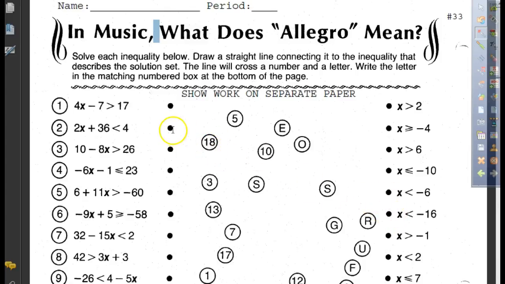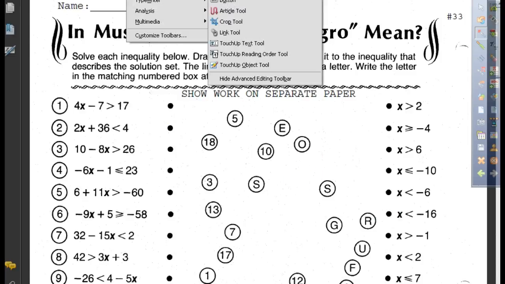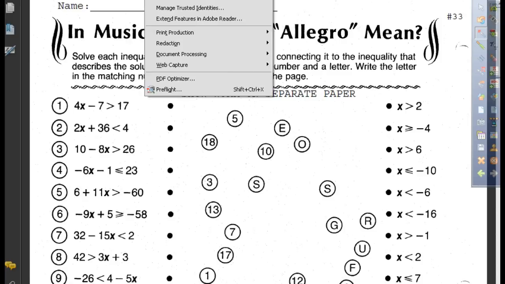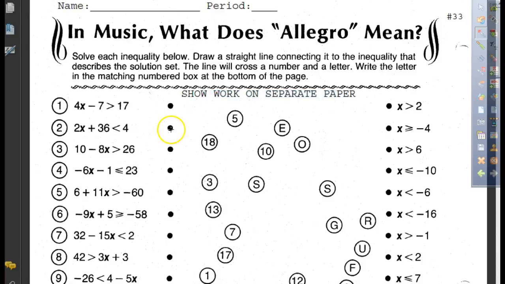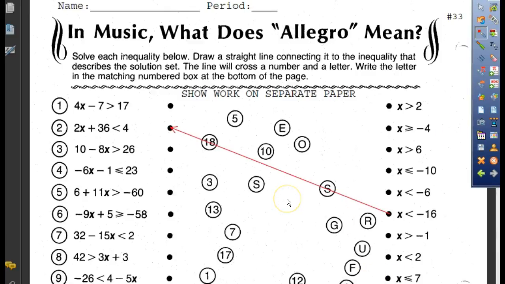And it looks like if you draw a straight line here, I don't know if I can do that. Let's see here. Tools. There you go. Draw that straight line, you can see that 18 should be S. So then you go down below and you make sure 18 has an S.